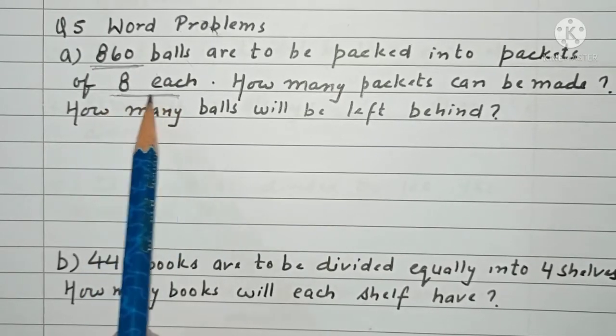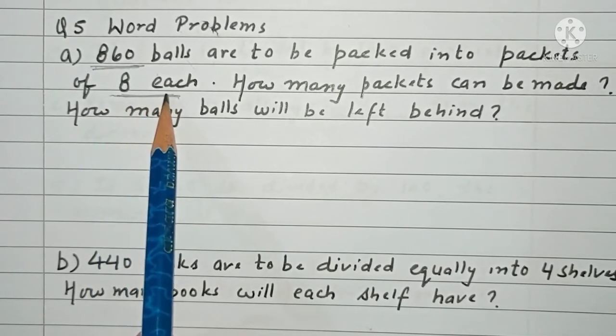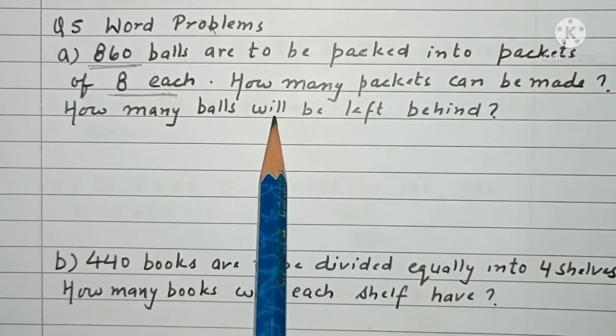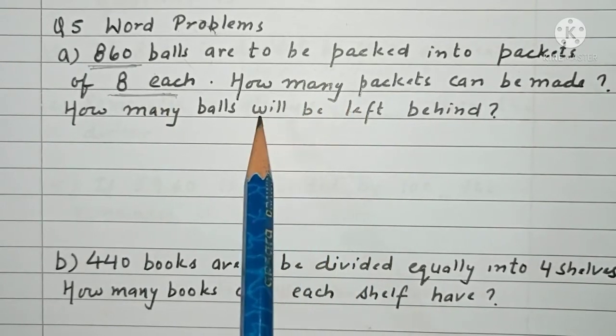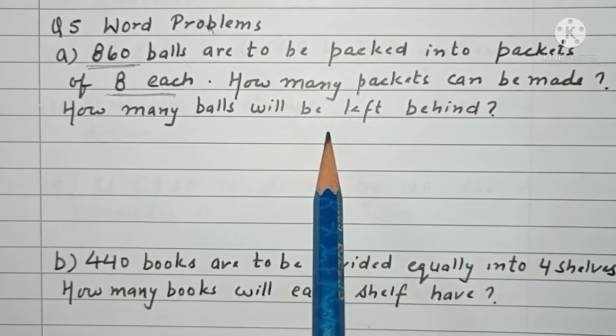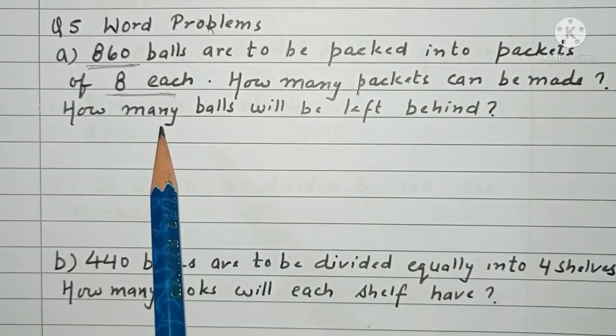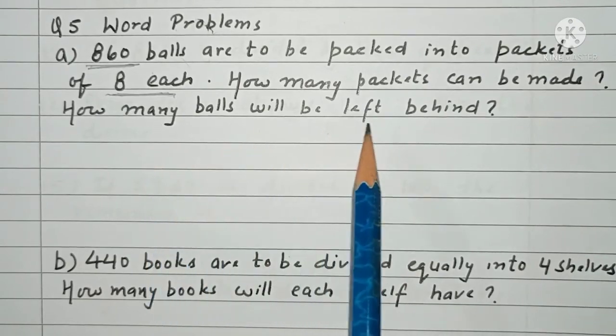That means how many balls in one packet? There are 8. So we have to write down how many packets can be made. So it will be taken out by dividing 860 by 8. And if some remainder is left at the last, that will be the number of balls left behind.